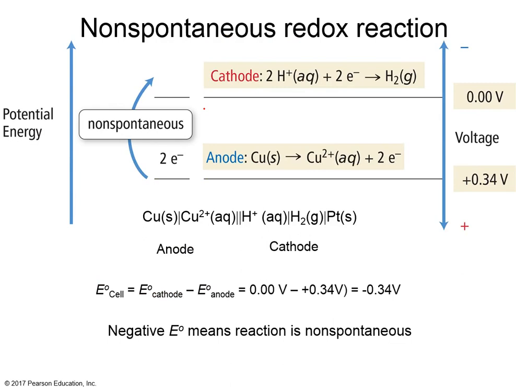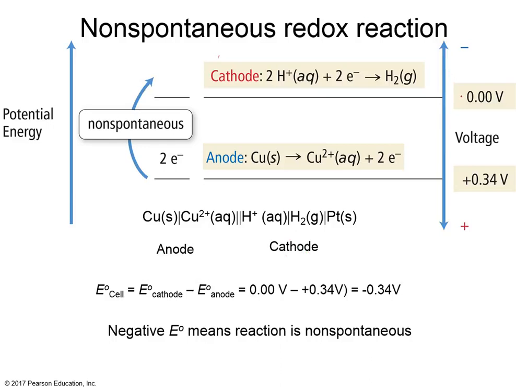In this case, it's the same thing. The SHE is taken as cathode here, but here we have copper instead of zinc. So copper is our anode. So we have our cell, this part anode, this part cathode.